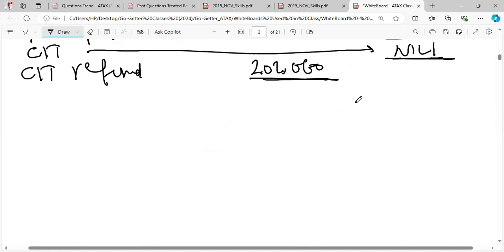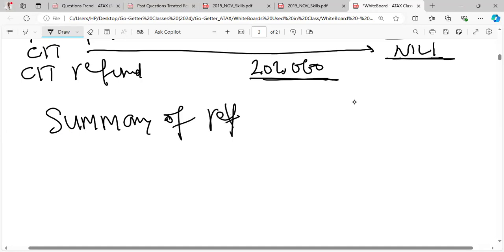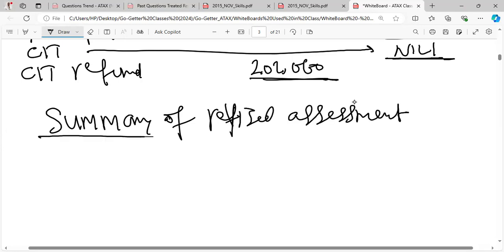So what you are going to do here is to now bring a summary of revised assessment. You can arrange them in descending order if you want.